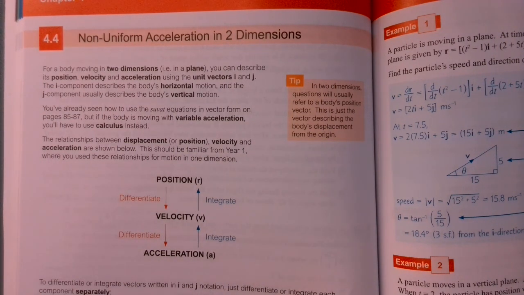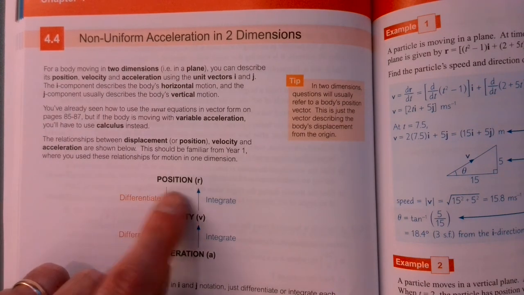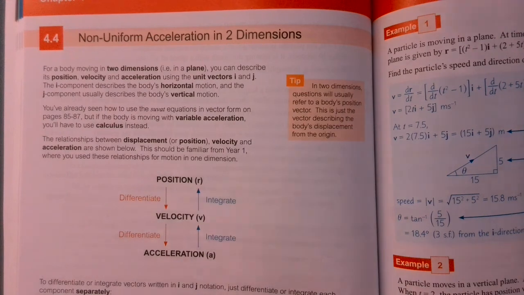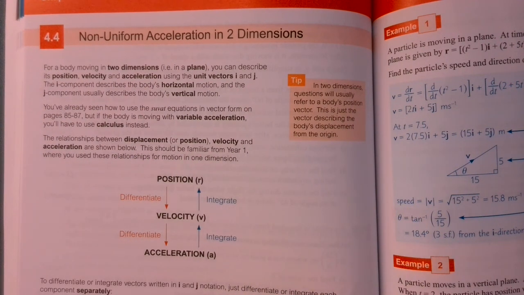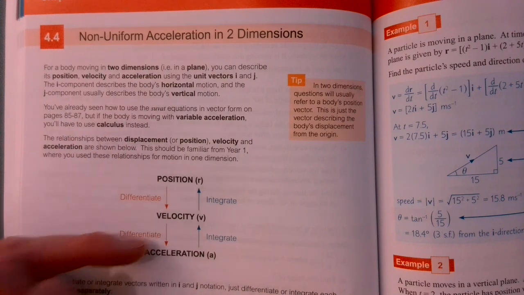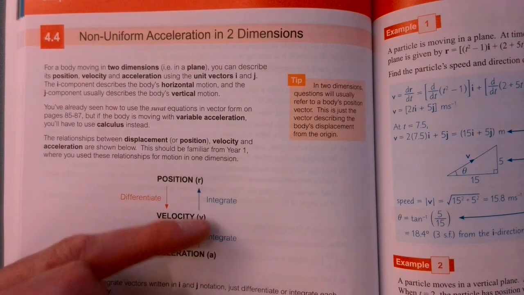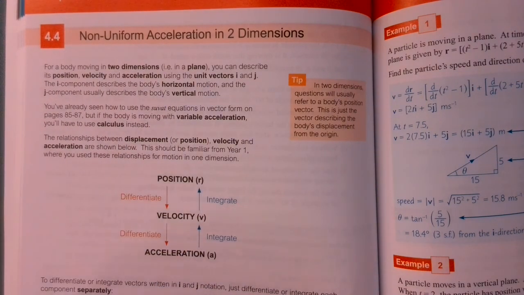When we move into 2 dimensions, it's sensible to use the word position rather than displacement, because displacement is about how far from a start point moving in one direction, whereas now we're talking about 2 directions. So the use of the word position is good, and note that they're using the letter r to stand for position. But you still differentiate to get velocity, and then again to get acceleration, and you integrate back again.